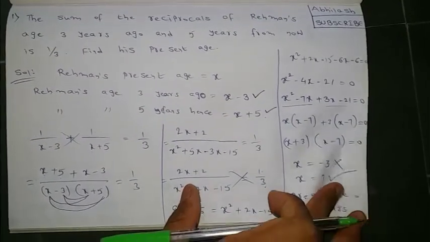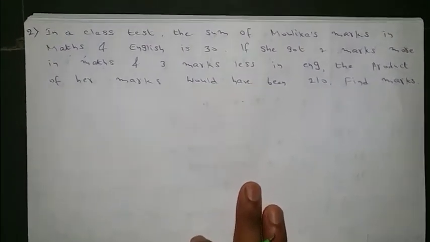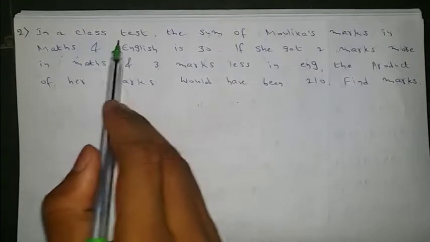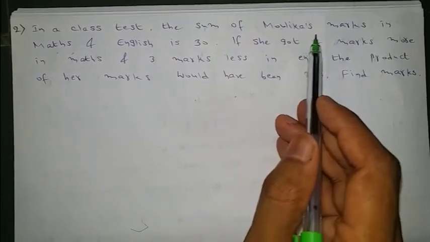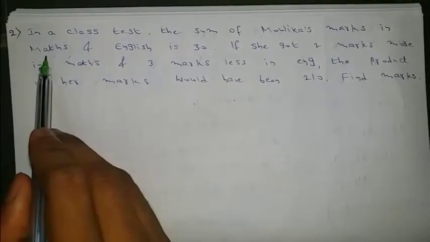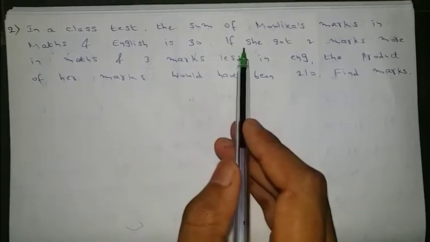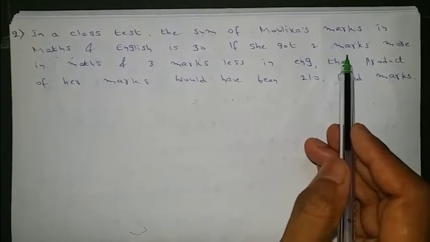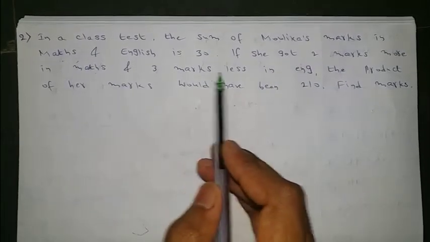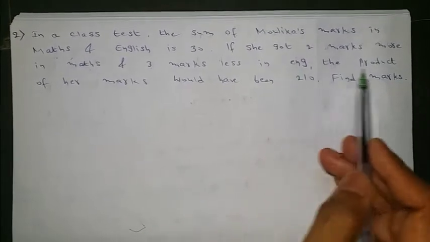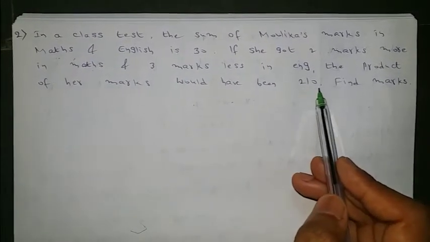Okay, let us look at the second question. In a class test, the sum of Maulika's marks in maths and English is 30. If she got 2 marks more in maths and 3 marks less in English, the product of her marks would have been 210.